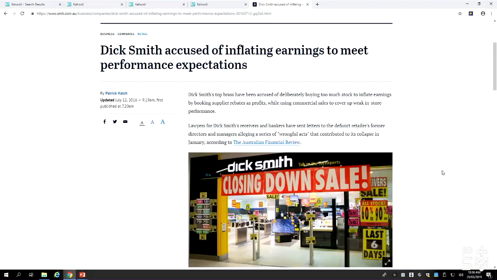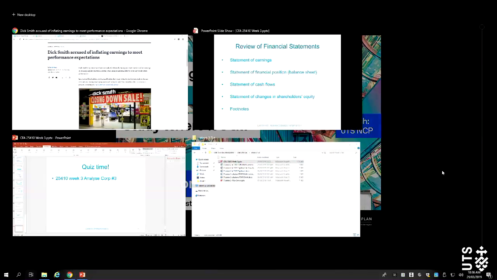In many cases, they didn't even sell the products in the end, but they still recognized the revenue. And that changed the bottom line of Dick Smith from a hundred-and-something-million loss to profit, right?